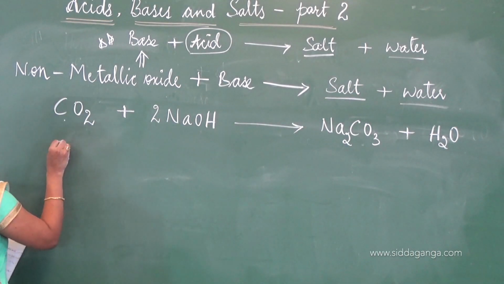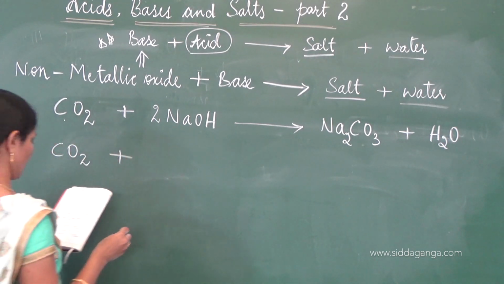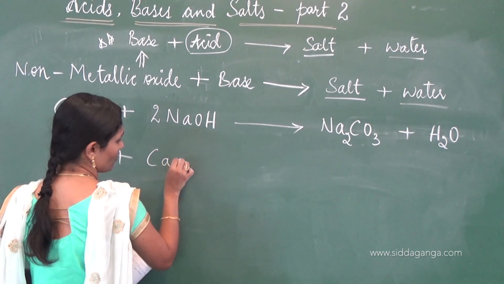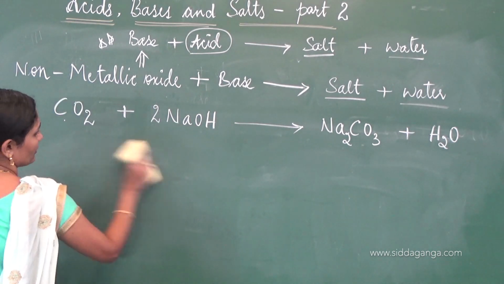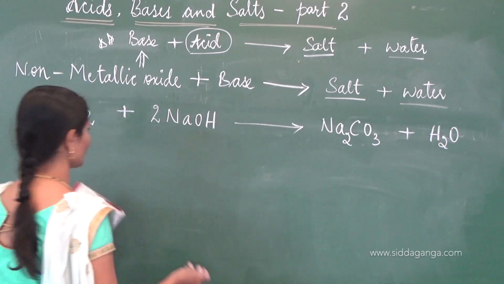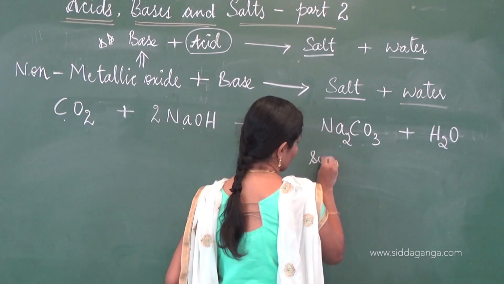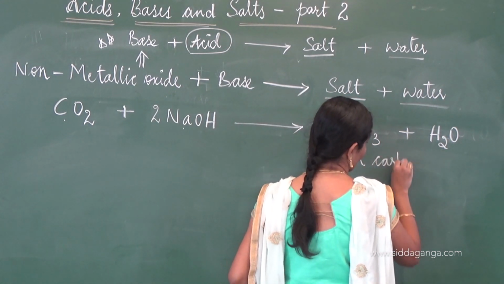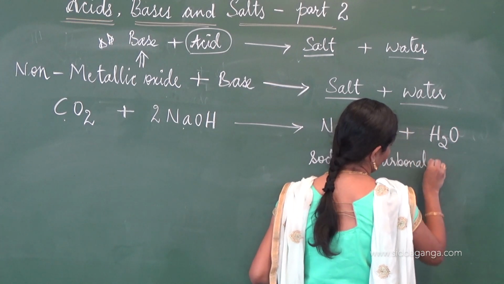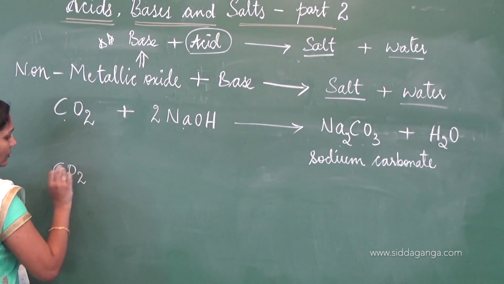Taking CO2 as a non-metallic oxide, and I'll change the base here. Hope you know the names of these reactants and product. CO2 is carbon dioxide, this is sodium hydroxide, Na2CO3 is sodium carbonate, and water.